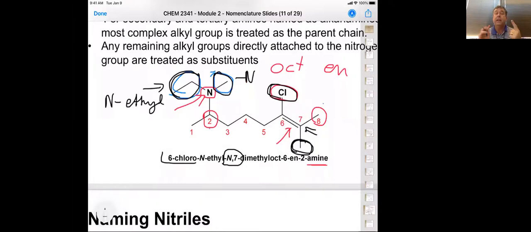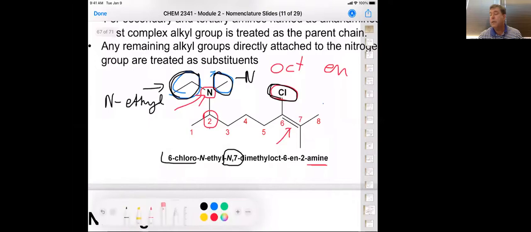Cis and trans is if you have two things that are on the same side of the axis of the double bond, or that are not on the same side. Well, we have different substituents on different carbons. However, look at the end here.